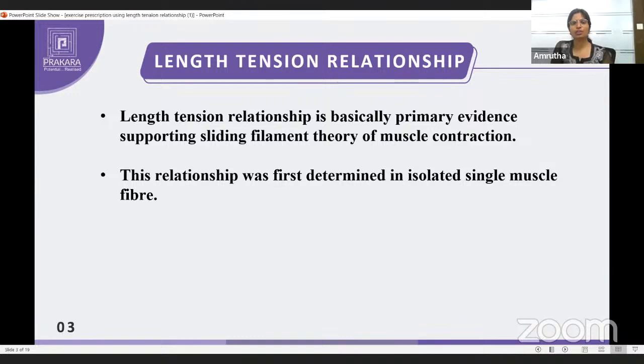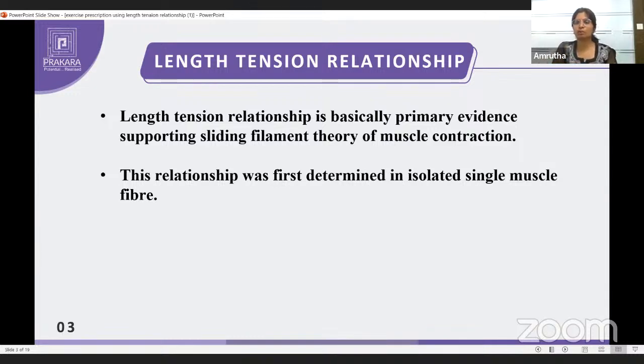In the sliding filament theory, in isometric contraction the length is the same. The length is not changing. For example, this amount of sarcomere length is fixed; it is the same in isometric contraction. In concentric, they go closer. In eccentric, they go more away from each other. Here I'm not talking about the stretch.